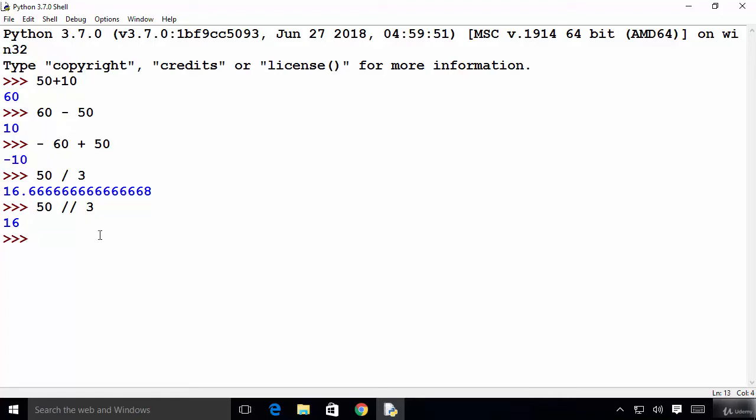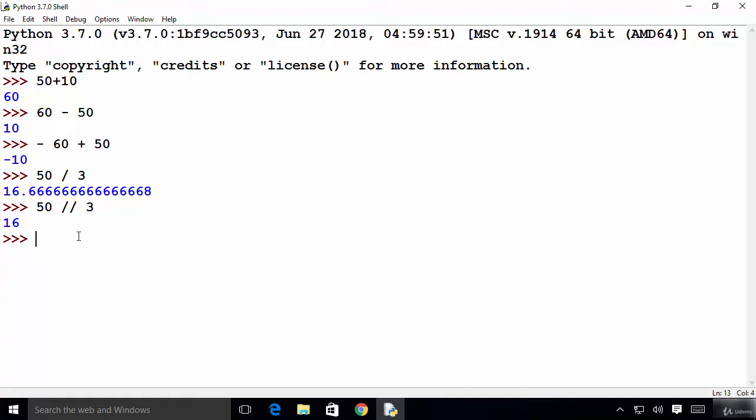This type of division is also called the floor division, in which you get the whole number as the answer and the decimal value is truncated out of your answer. So if you want to get the exact value out of the division in decimal values also, then you can use the single / operator. And if you want to do the floor division, then use these two / symbols.